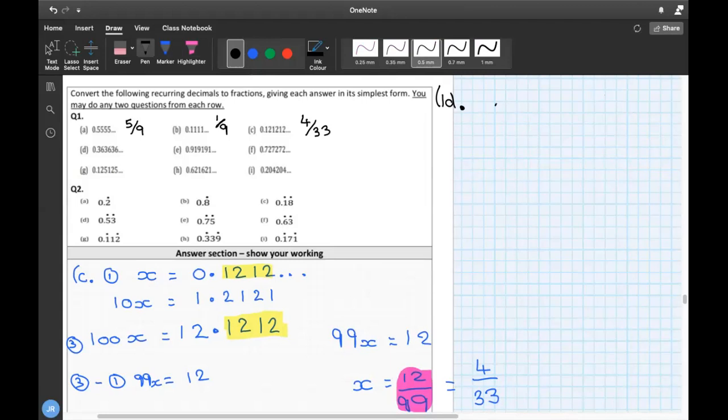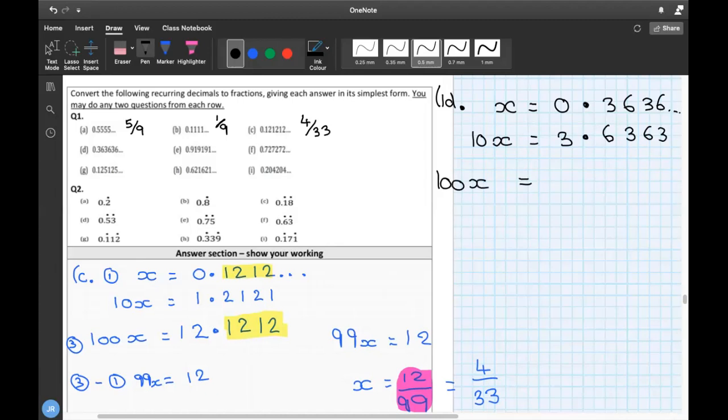Okay, question 1D. So we could say that x was equal to 0.3636 recurring. So 10x, it didn't work the last time when we had 2 digits recurring, and it hasn't worked this time either. They're out of sync. So we'll now try 100x. And that's looking better, isn't it? Because 0.363636, we now have these matching.